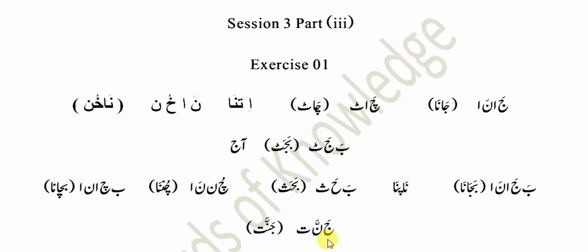Now I pronounce all these for you again. The first word is jana. Then it's chart. This one is itna. This is called nahun. Budget. Aaj.